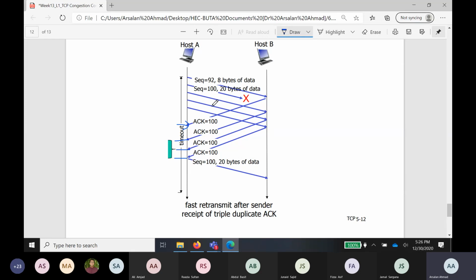But I am not receiving an acknowledgement with sequence number 120, because this segment has bytes 100 to 119. So I should receive 120, but I am receiving duplicate acknowledgements of 100, 100, 100. So I will safely assume, which is right 99.9% of the time, that at the third duplicate acknowledgement I should fast retransmit instead of waiting for the timeout.